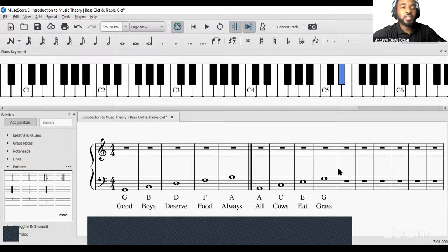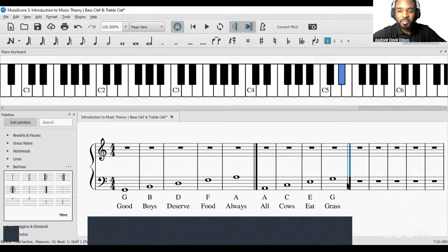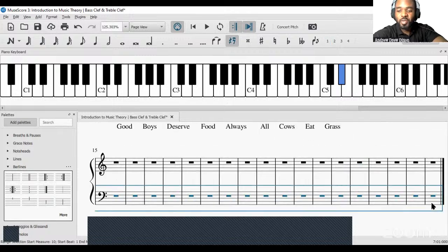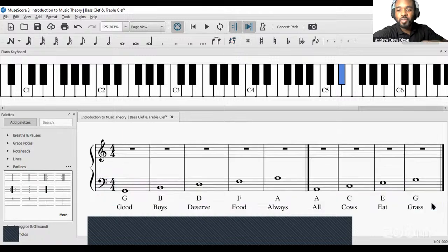Okay, so just to signal the end of this idea, I'm also going to add a double bar line. So we have completed naming the notes, the lines of the bass clef, as well as the spaces. So we would have accomplished our first mission. So I'm just going to remove those extra bars.